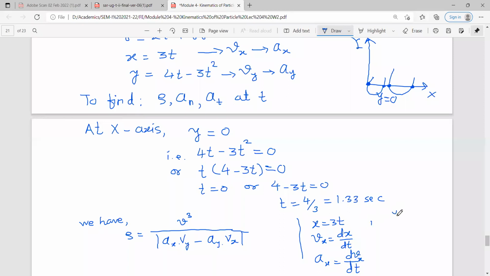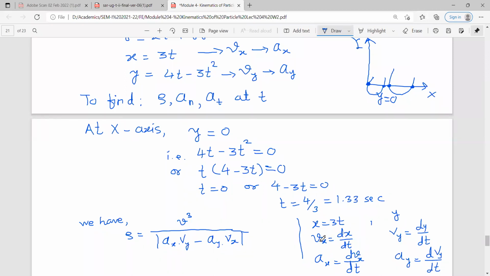Similarly, y is there, so from y you find velocity in y direction, and acceleration. In this way you can find out.